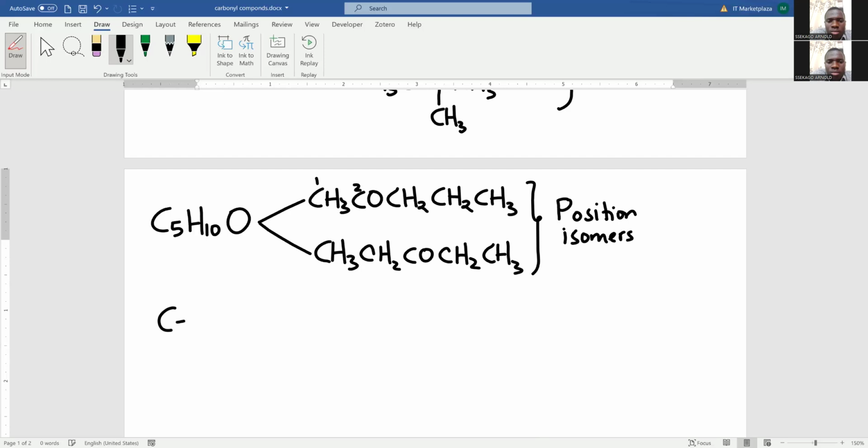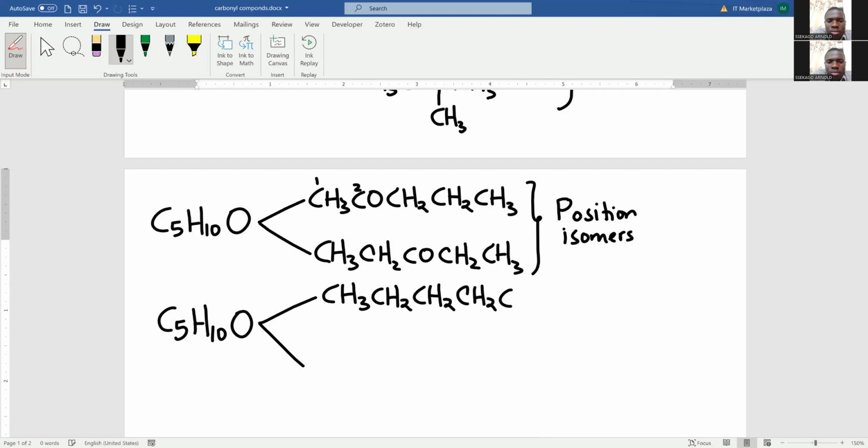So out of C5H10O, I can formulate an aldehyde CH3, CH2, CH2, those are how many? 1, 2, 3, 4, 5, which is an aldehyde ending with CHO.